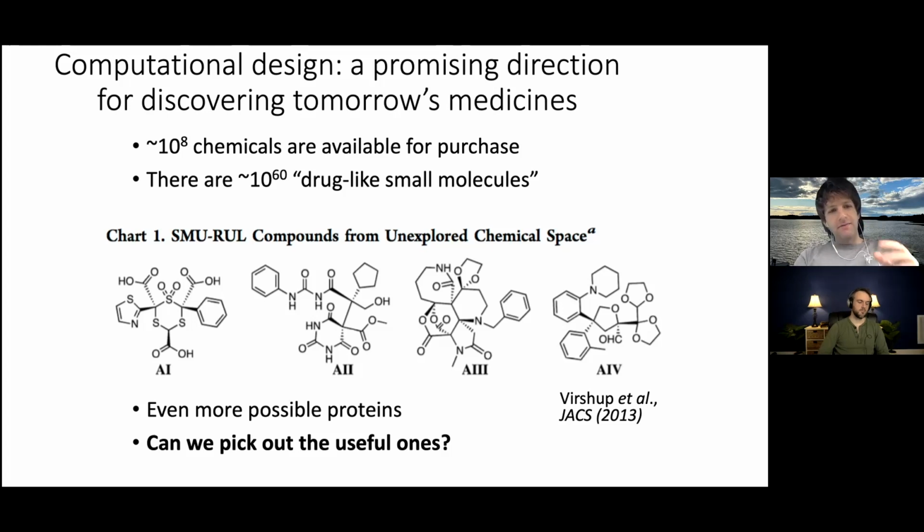So how do you explore this? Exploring a number of possible candidates that is bigger than you can experiment on, and really bigger than you could ever hope to examine one by one, even on the computer. How you might start to go about that is going to be our focus here.